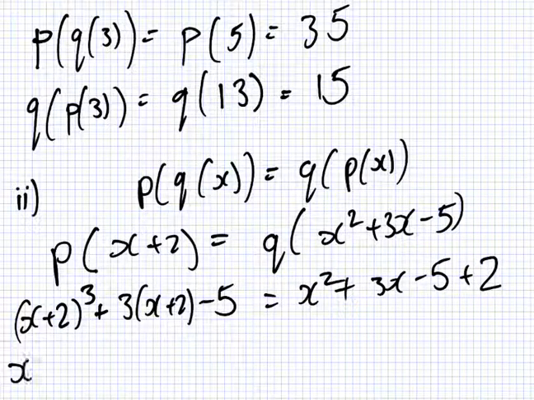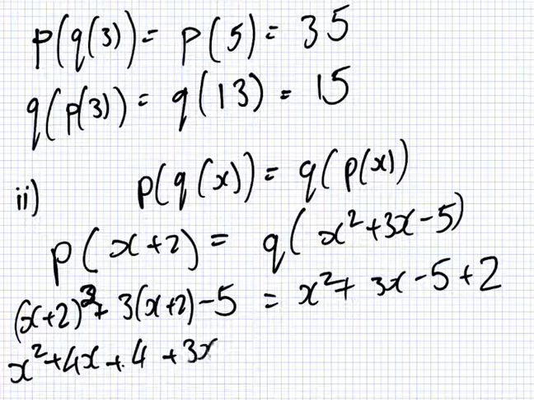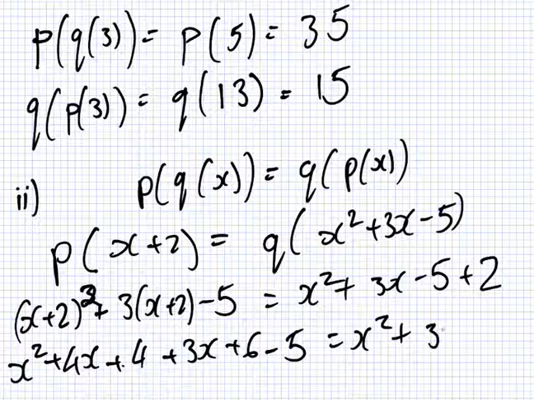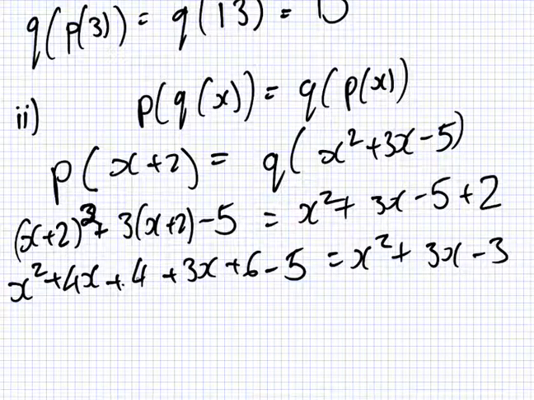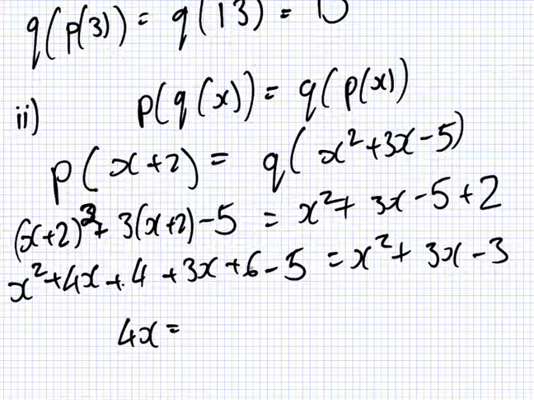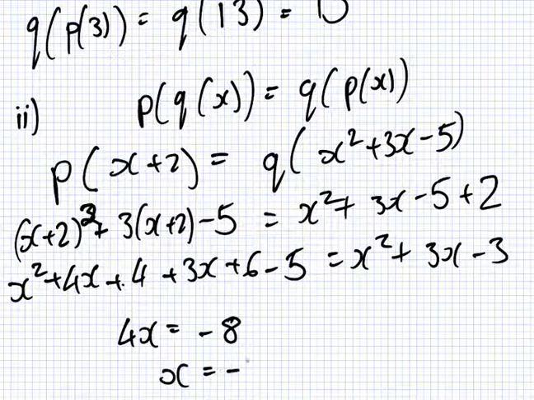So that would be x squared plus 4x plus 4 plus 3x plus 6 minus 5 equals x squared plus 3x minus 3. The x squared cancel, the 3x is cancelled, so I get 4x equals 4 plus 6 is 10, 10 minus 5 is 5, minus 8, so that means x equals minus 2.